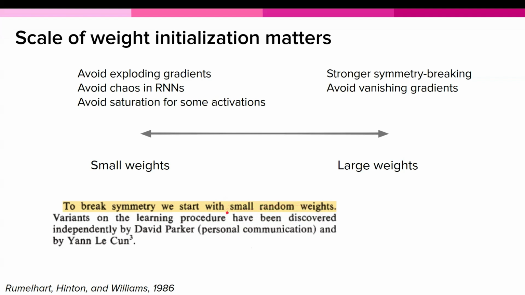It wasn't super clear what small meant, or what random meant, like how small was too small, or from what distribution. These details weren't made abundantly clear, or how they managed to train their networks exactly.